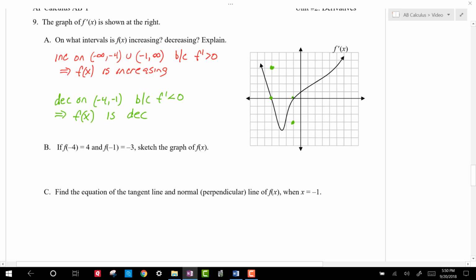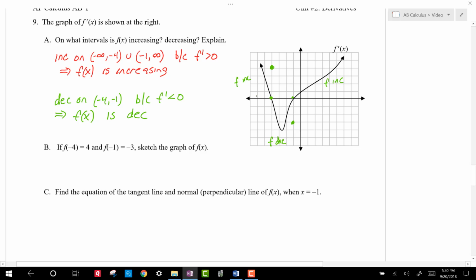We said earlier that on the left side, f is increasing. Down here, f is decreasing. And over here, f is increasing. So if f goes from increasing to decreasing, this point up top must be a max.